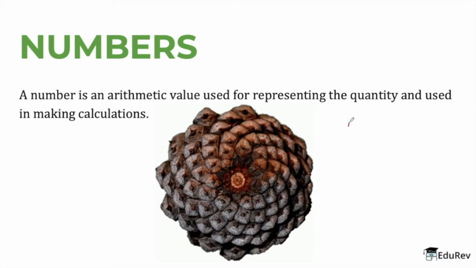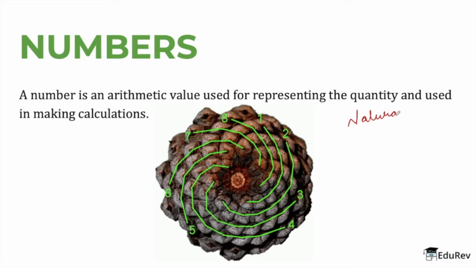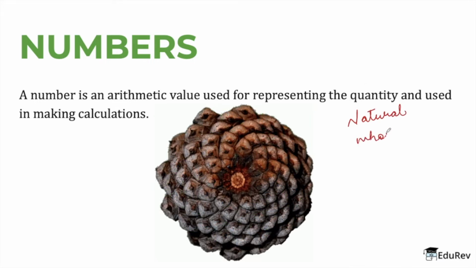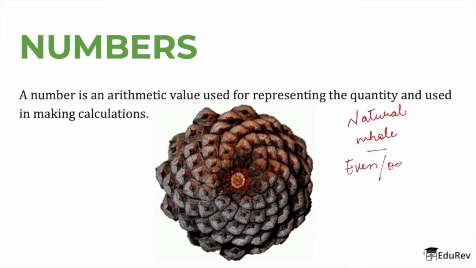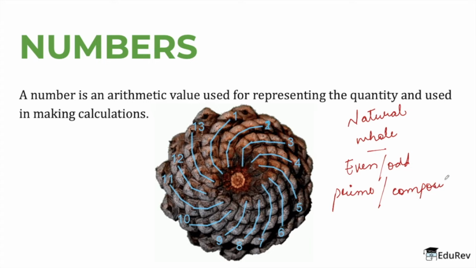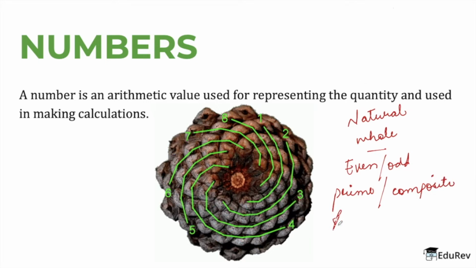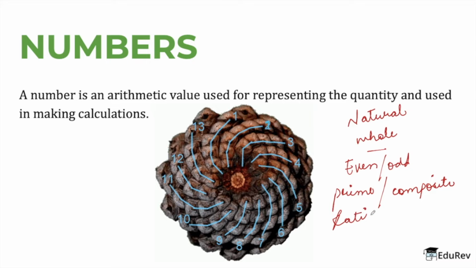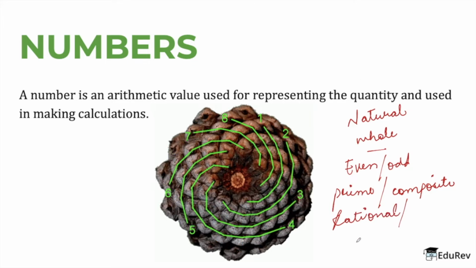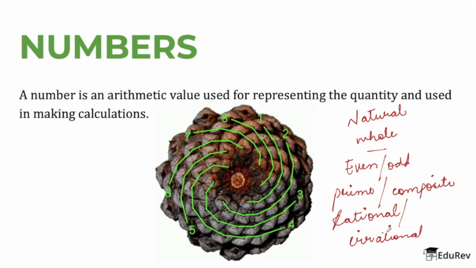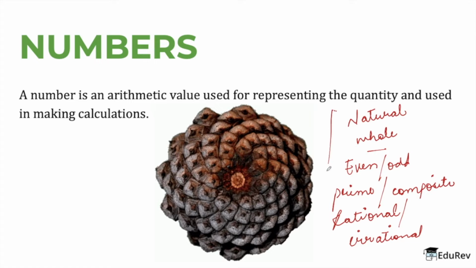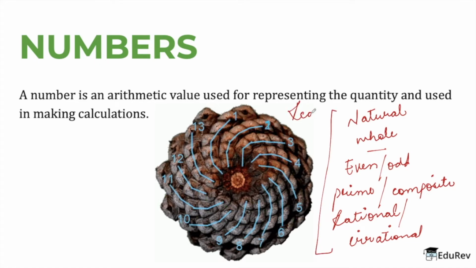We know that there can be natural numbers, whole numbers, even or odd numbers, prime or composite, rational, irrational, and finally the aggregation of all of them as real numbers.